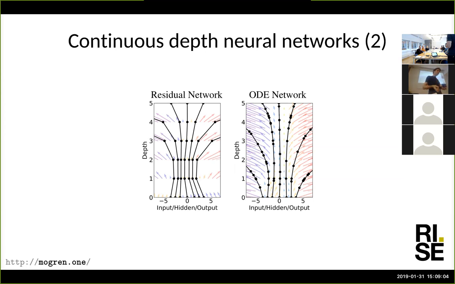On the right-hand side, we have the corresponding view of the ODE network, where we have these trajectories through this vector space, which is defined by the gradient of the state, not the gradient of the parameters, but of the state, as t is increasing from 0 to 5.